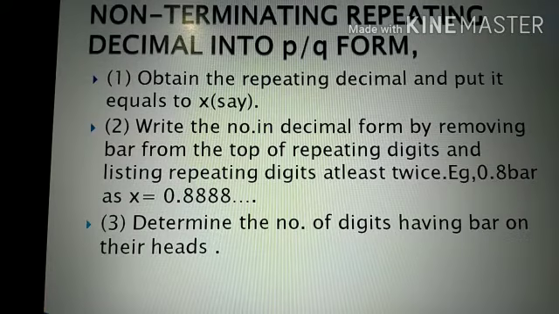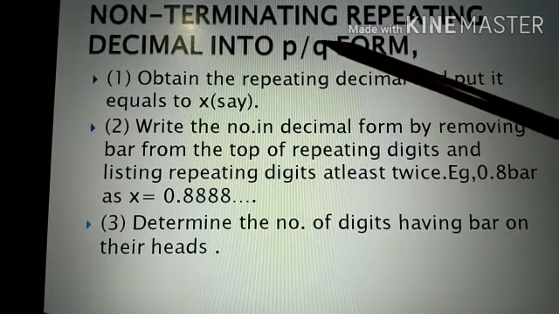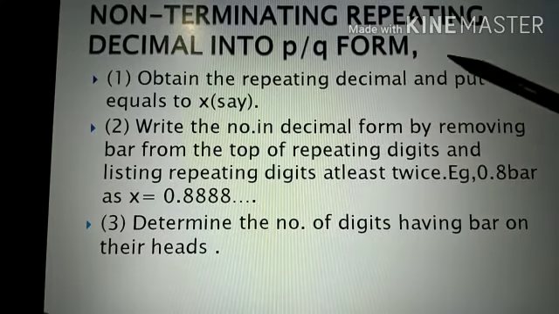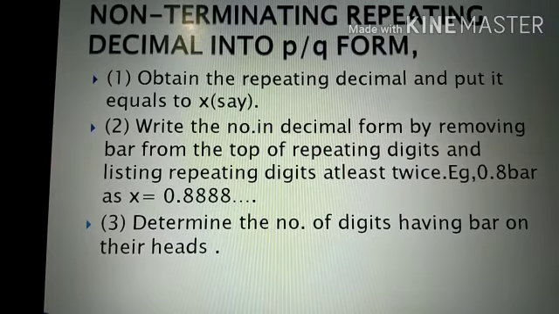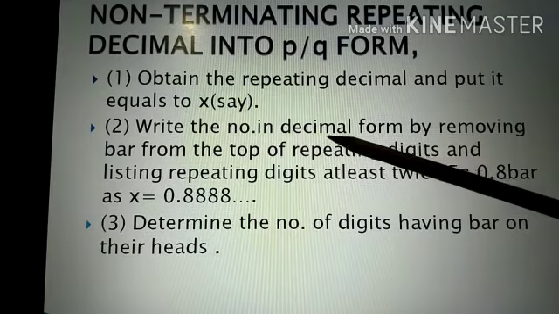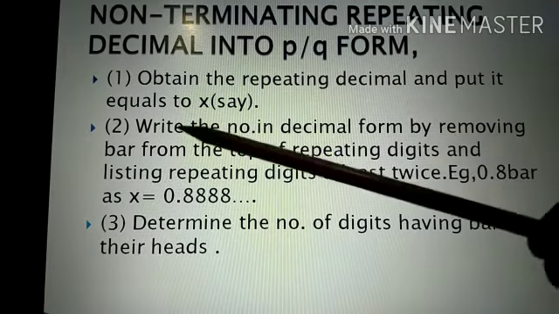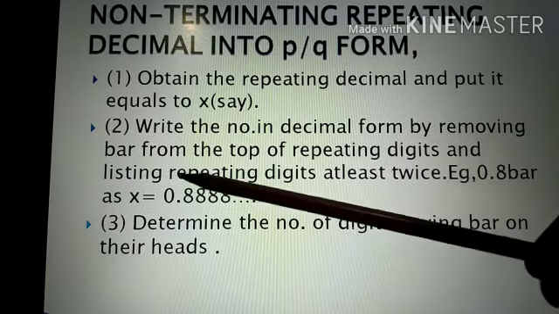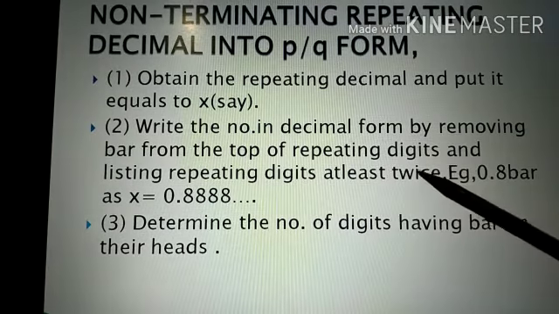Now we will see the steps used for converting non-terminating repeating decimal into P by Q form. The first step is obtain the repeating decimal and put it equal to x. We have to let x be what we are going to change into P by Q form. The second step, write the number in decimal form by removing the bar from the top of repeating digits and listing repeating digits at least twice.